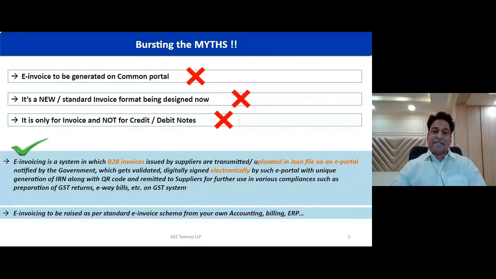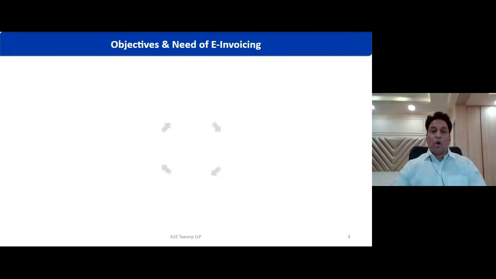Having said that, now let's move. What is the objective? Why are we all looking for the need of e-invoicing? I can tell you from two sides. There's the taxpayer and there's the tax department, which is the government of India, central government and state government.